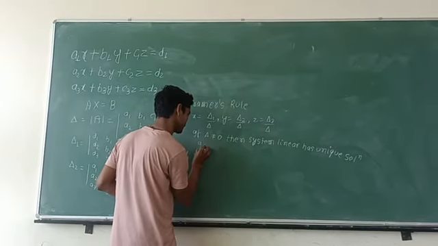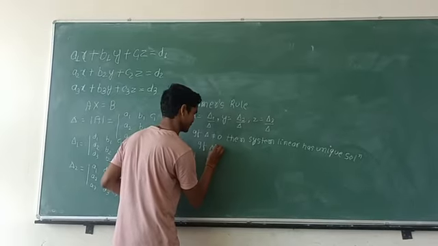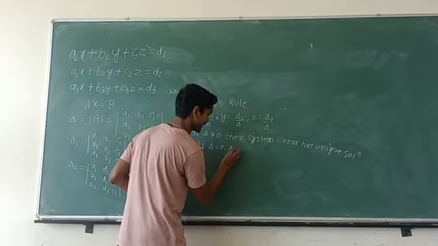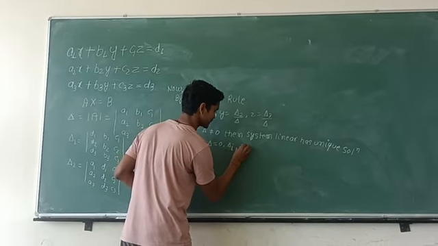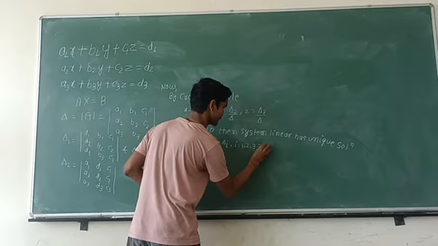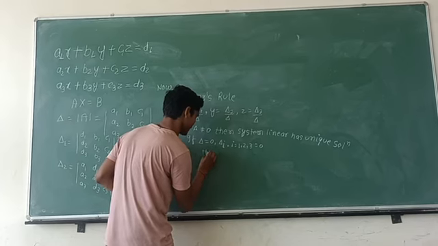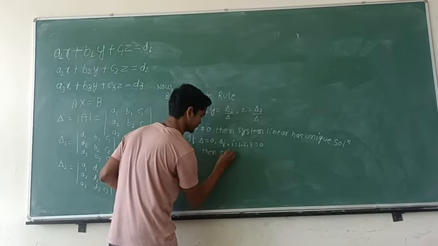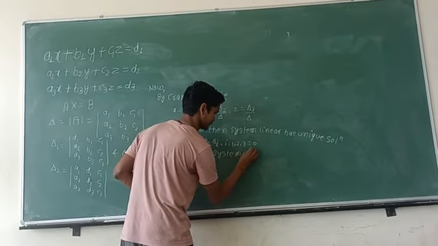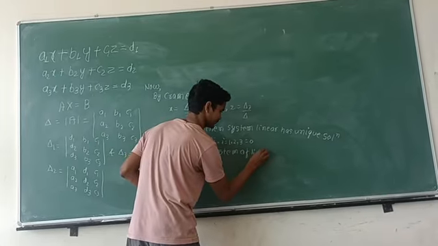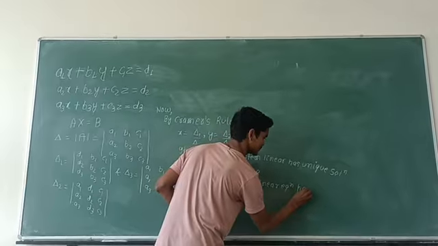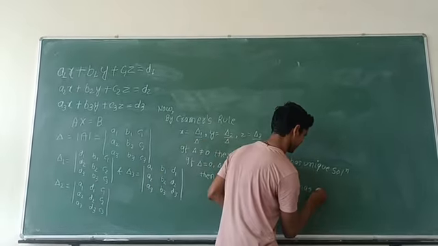If delta is equal to 0 and every delta i, for i is equal to 1 to 3, is equal to 0, then the system of linear equations has infinitely many solutions.